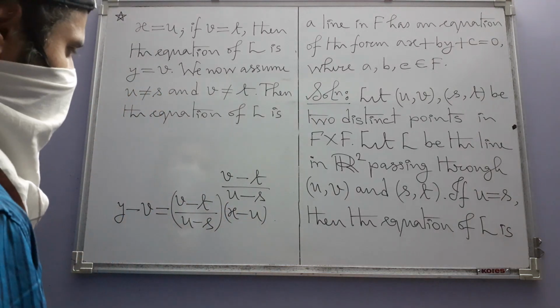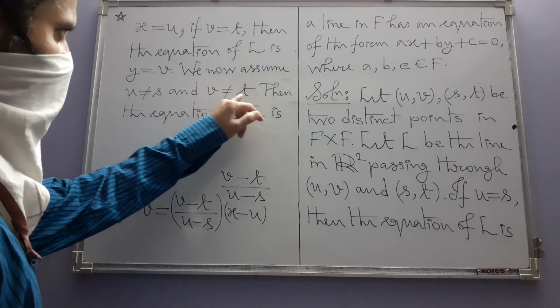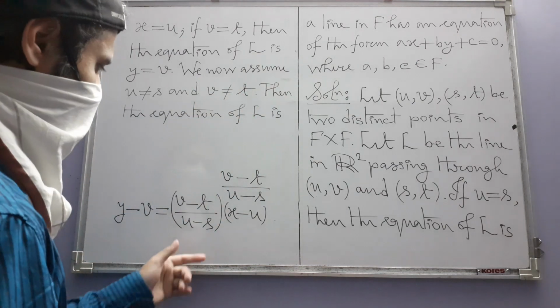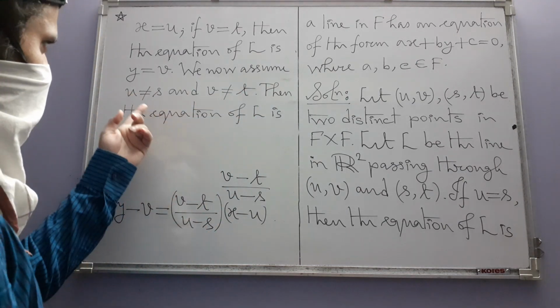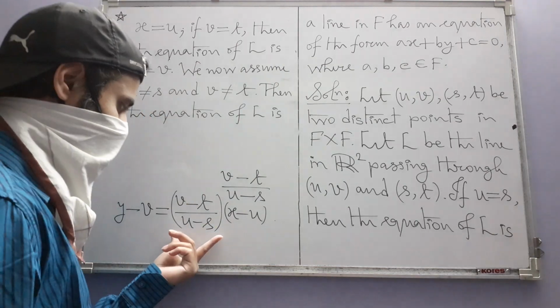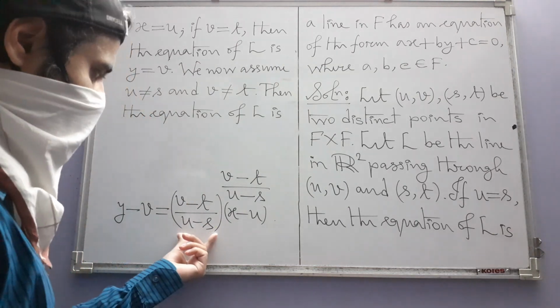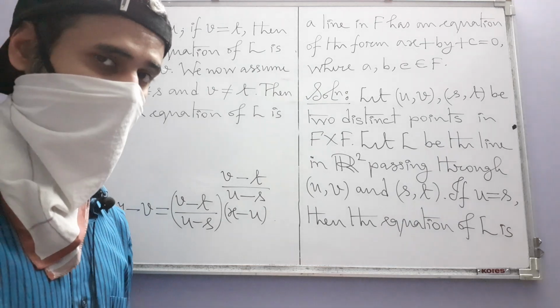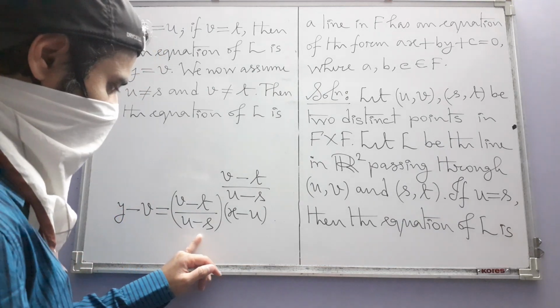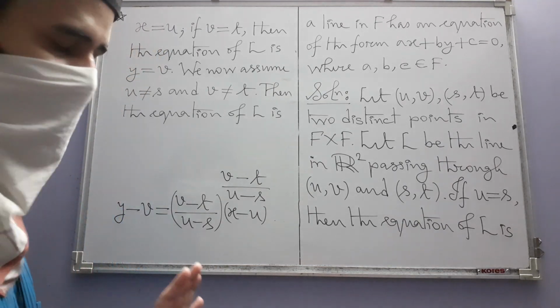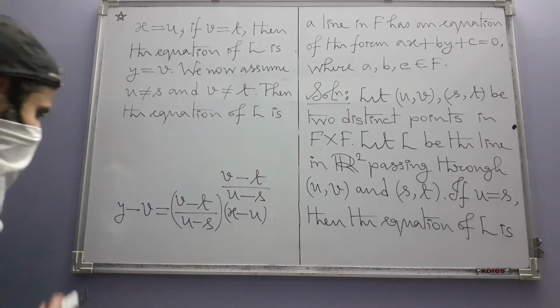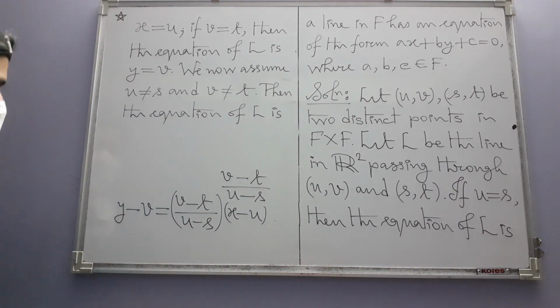We are really not using this condition here, but we are of course using the condition u not equal to s here, because that's why we can have u minus s in the denominator without the fear of it being 0. That is not possible now. It won't be 0.